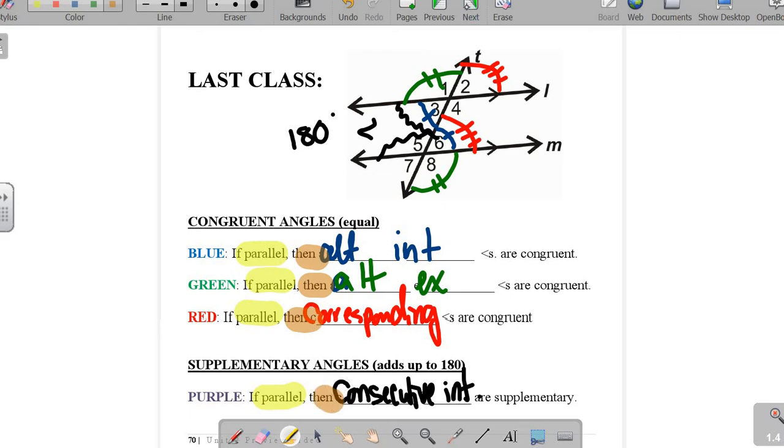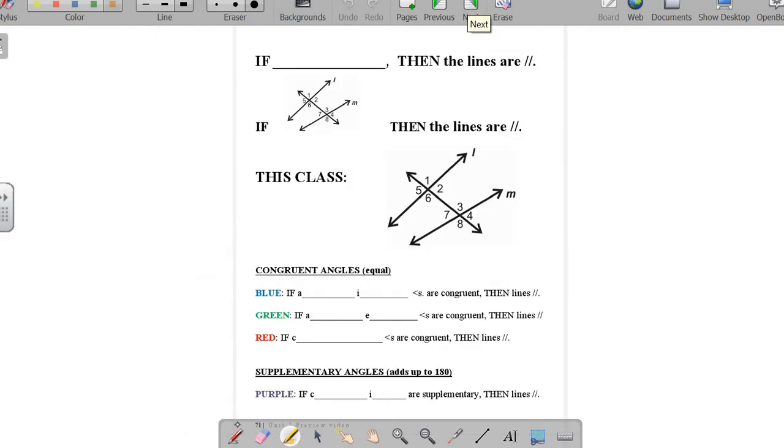That was last class. This class says this: if you have certain angles that are congruent or certain angles that are supplementary, then you have parallel lines.